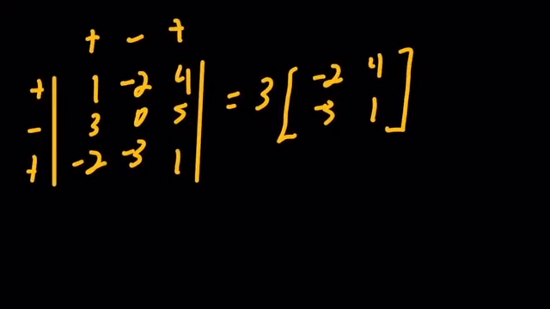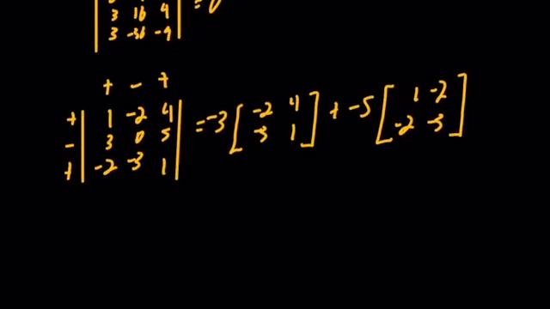And as a result, we get -3, and the 5 becomes negative based on the pattern, and it's another 2 by 2 matrix of 1, -2, -2, -3.